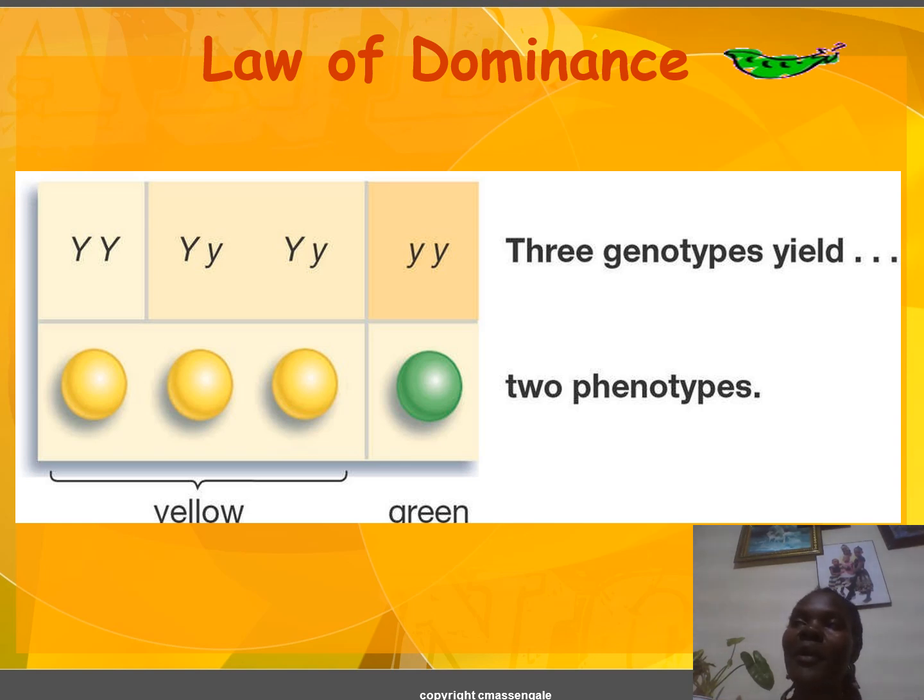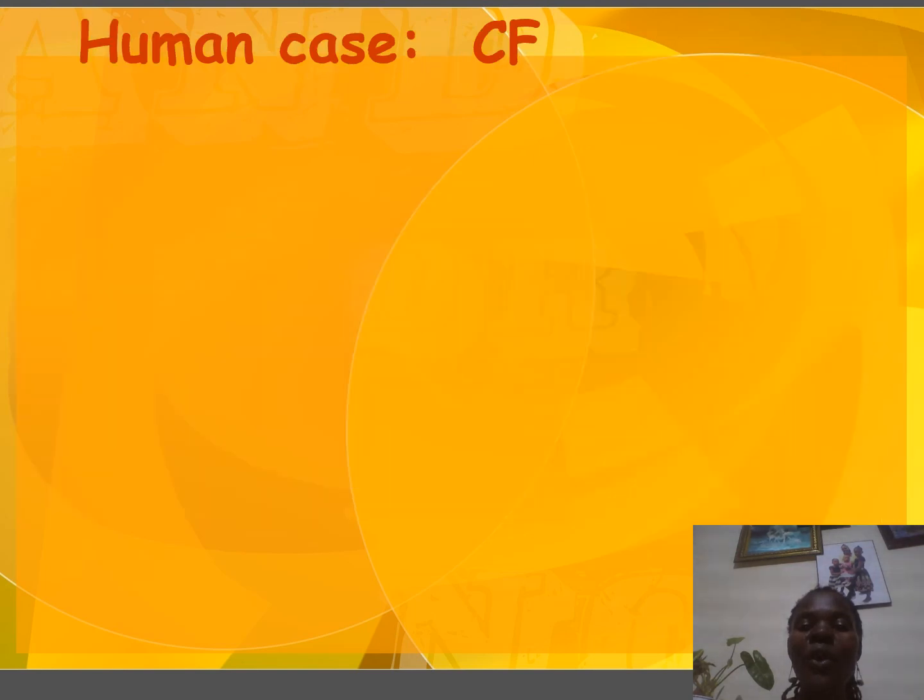That is the law of dominance. So the dominant allele will suppress or mask the recessive allele, such that the phenotype which is expressed is the one which holds for the dominant allele. So that's how simple it is. That is the law of dominance.